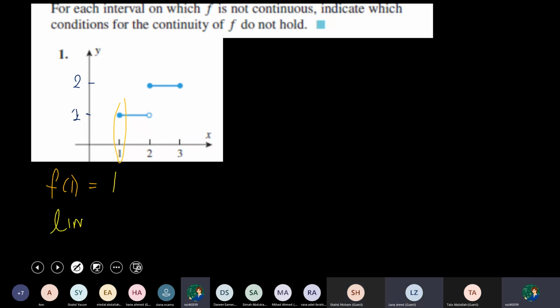Now, limit f of x when x approaches 1, but from the right now. 1 also. Limit f of x when x approaches 1 from the left. 1.